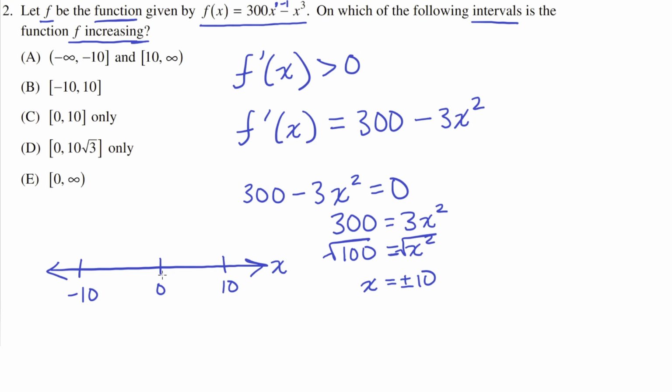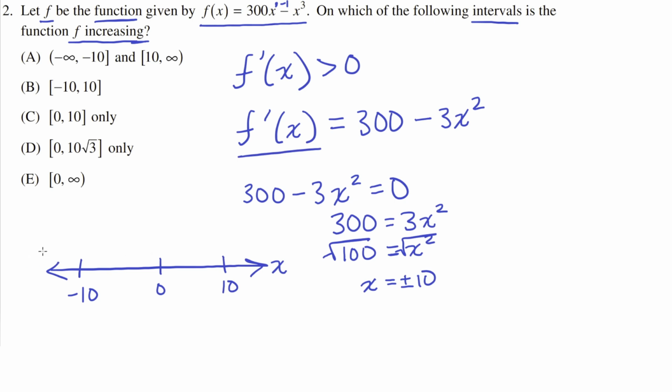Because critical points are the only points where the graph of a function can change whether it's increasing or decreasing. So we just need to find out what is the sign of f prime of x in these intervals to see whether it's increasing or decreasing.